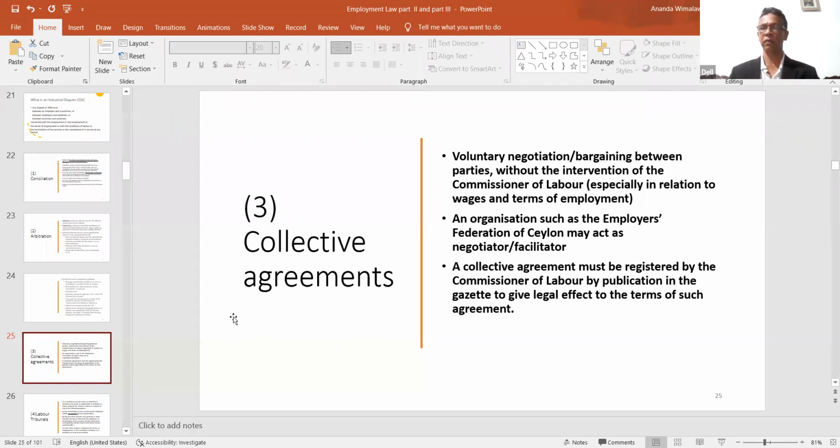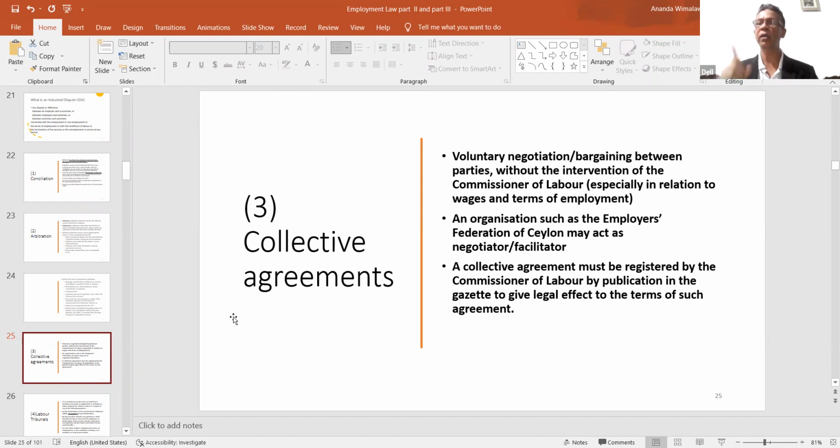If any trade union has a 40% threshold, meaning that trade union X operating in company Y has 40% membership of the total employment within that organization, and such a trade union requests the employer for collective bargaining, the employer cannot refuse.